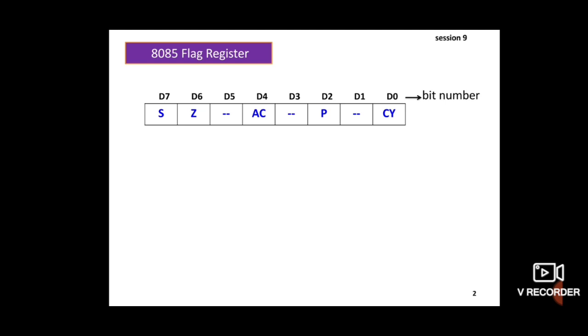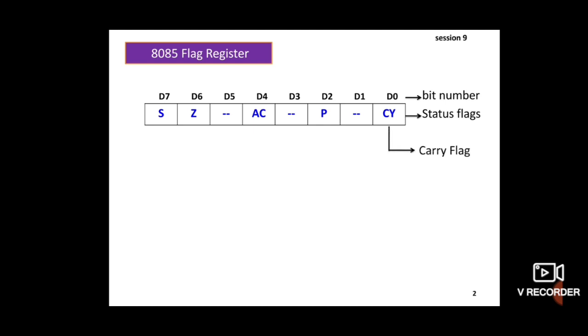These are the bit numbers, these are 8 bits. Why 8 bits? Because 8085 is an 8-bit microprocessor. Now in these bit numbers, these are the 5 flags. See, at the 0th place is the carry flag. These are status flags.